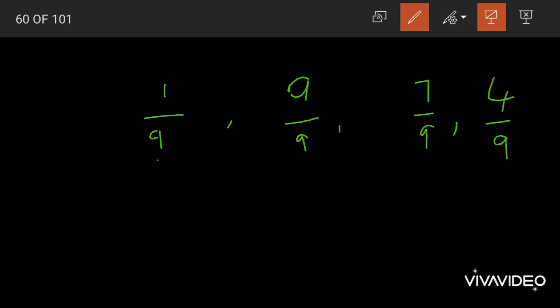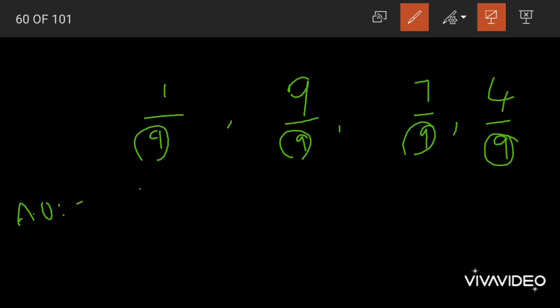Not only two fractions. Suppose I have 1 by 9, 9 by 9, 7 by 9, 4 by 9. Now you are given 4 like fractions. Are these like fractions? Yes, we have the same number in the denominator. So these are like fractions, and here we can write the given fractions in ascending order. What is ascending order, children? Smallest to the greatest.